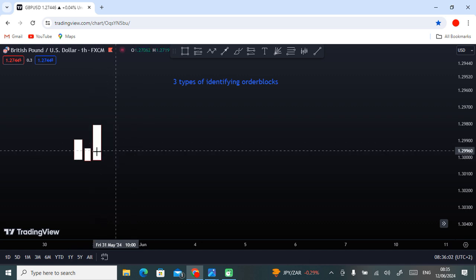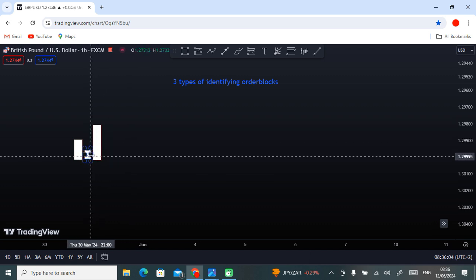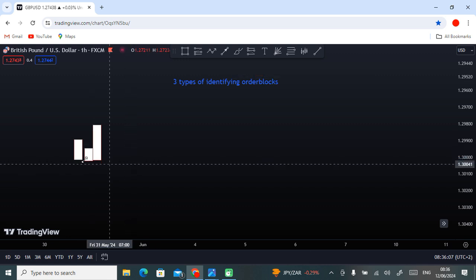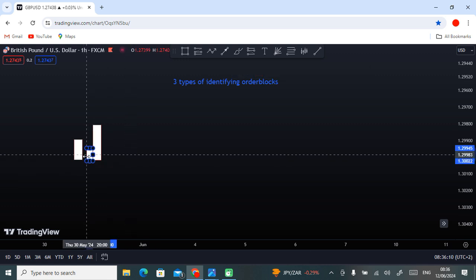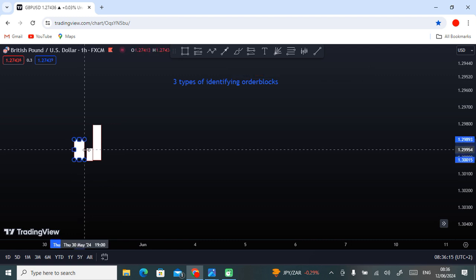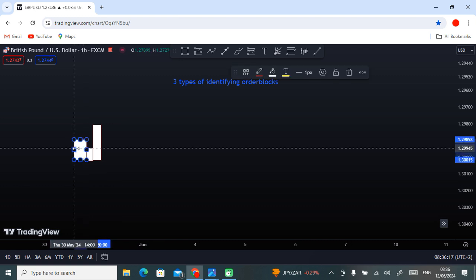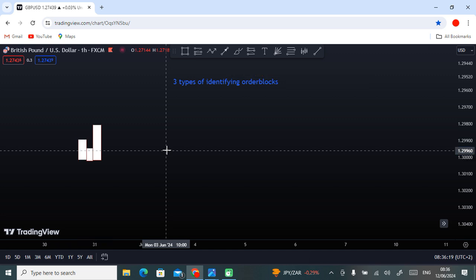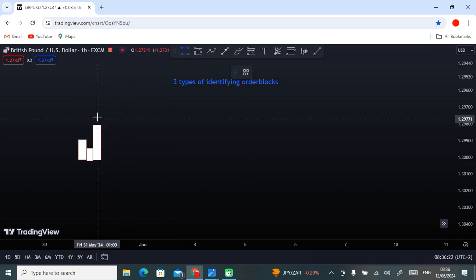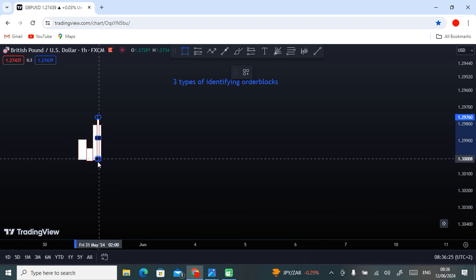This will be our order block. I'm just trying to make it look real, to not be big. Then obviously we're going to have that wick here.